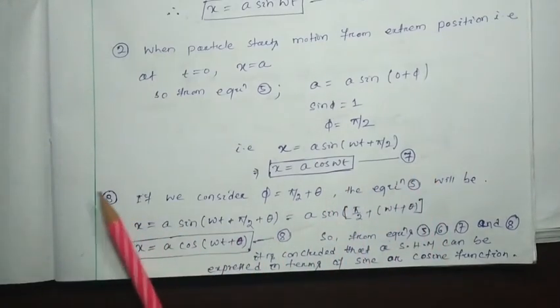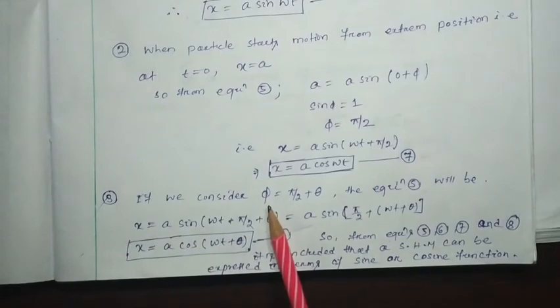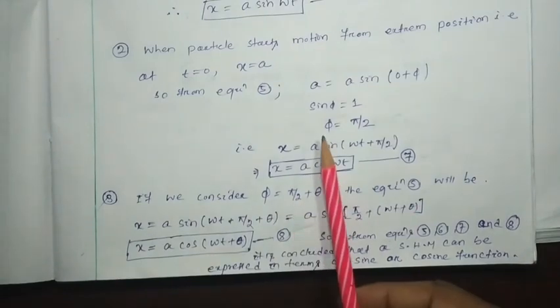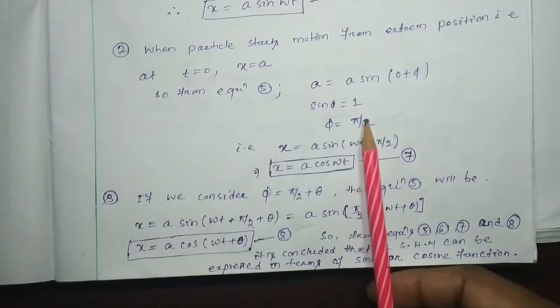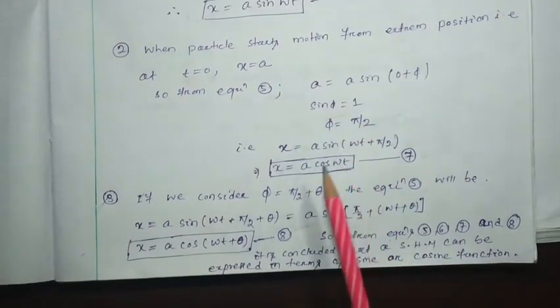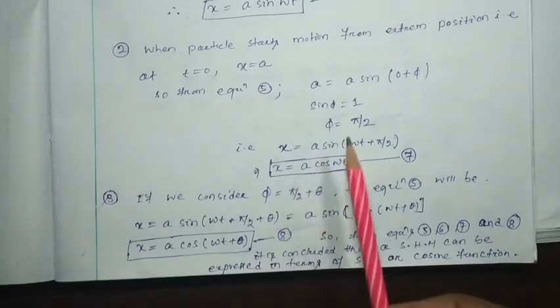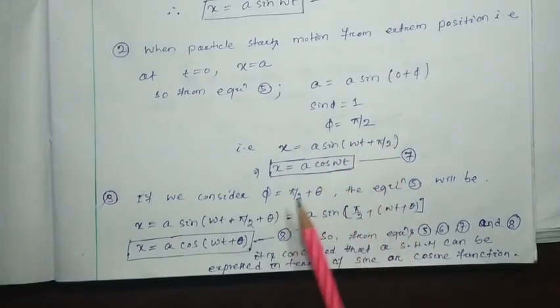Now suppose we consider phi equal to pi by 2 plus theta. Here we found phi equal to pi by 2, that means one angle. Suppose we consider phi to be any arbitrary angle, pi by 2 plus theta, then what will happen?